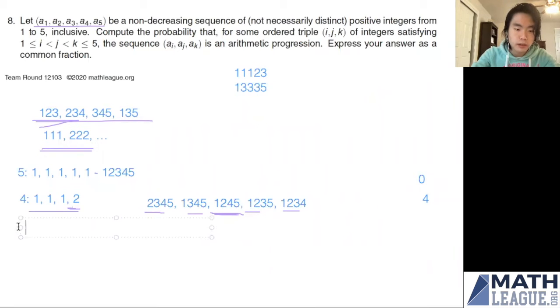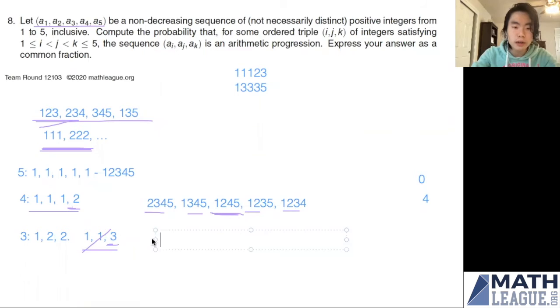And now we'll consider the 3 case. For 3, we have 2 possible distributions: 1, 2, 2, and 1, 1, 3. Since we want to avoid a triplet too, we don't consider 1, 1, 3, because that one is guaranteed to have a triplet. So we only need to consider the 1, 2, 2 case. And for this one, we want to choose 3 numbers that don't form an arithmetic progression.